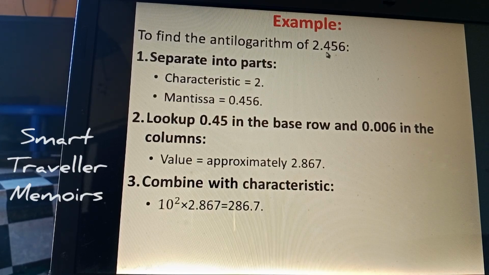Characteristic is 2 and mantissa is 0.456. Look up 0.45 in the base row and 0.06 in the columns. Value approximately 2.867. Combine with the characteristic and your answer is 286.7 as the number.